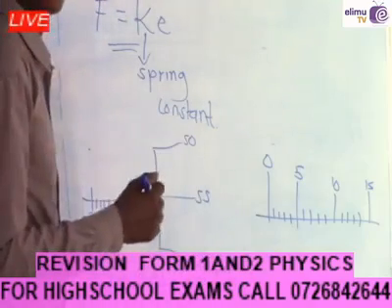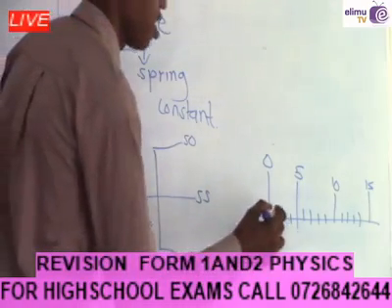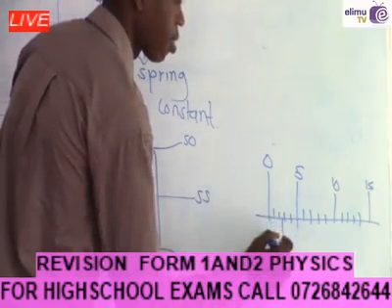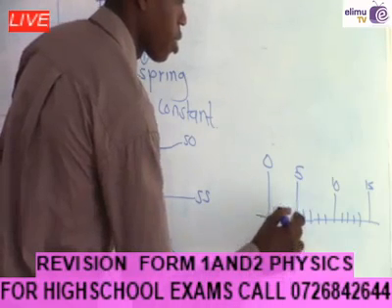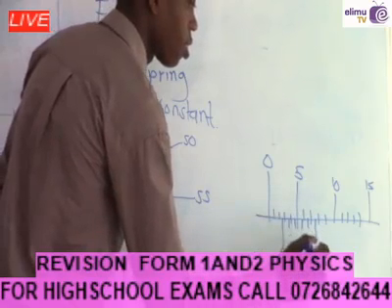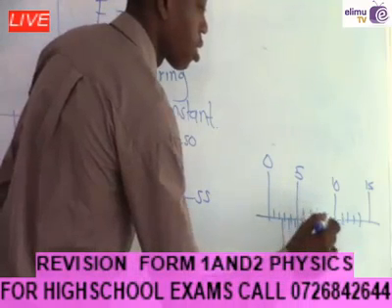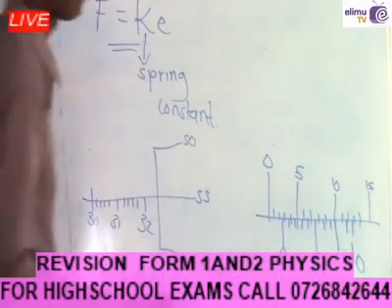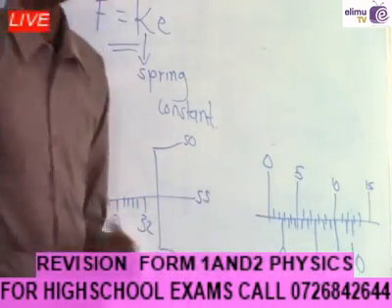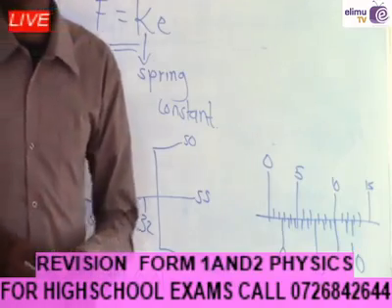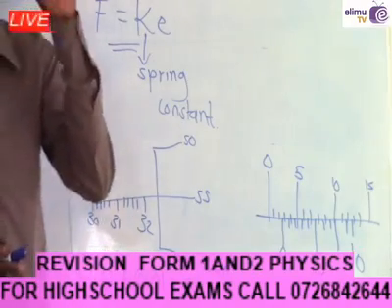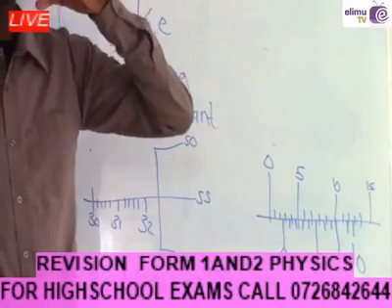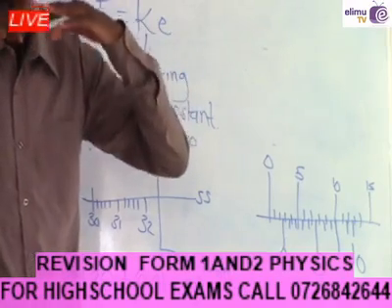It has the main scale and what we call the sleeve scale. So usually on the vernier calipers, on the two scales, we look at where the two values coincide, where the value of the main scale matches with the value on the sleeve scale.